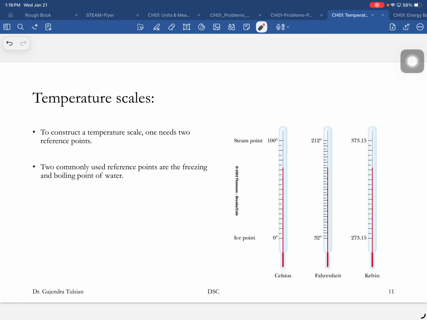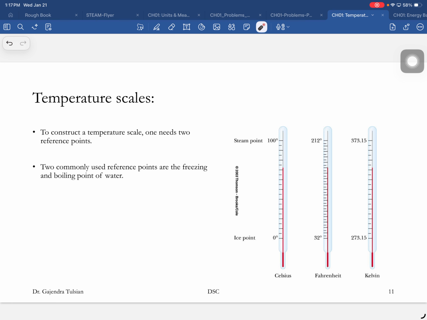So to make a temperature scale, all you need is 2 physical phenomena happening at different temperatures. For our common temperature scales, we'll take the melting point of water and the boiling point of water. If you do this at 1 atmosphere, those 2 things will happen at the same temperature, no matter when you do it.